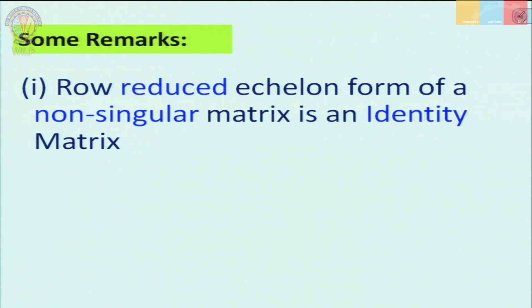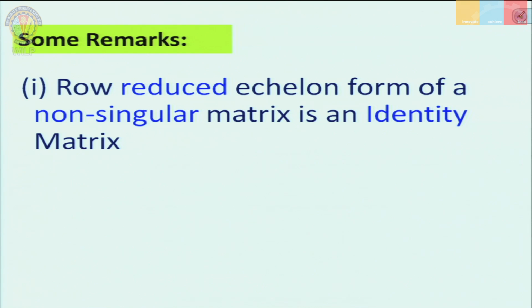Remember here that the row reduced echelon form of a non-singular matrix is an identity matrix. If you are converting the given matrix into a row reduced echelon form, and if it comes out to be the identity matrix, then the given matrix is non-singular.